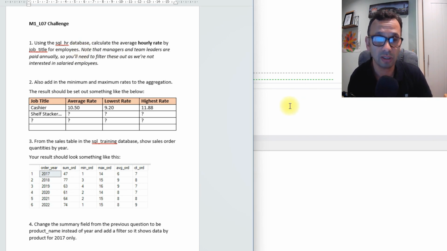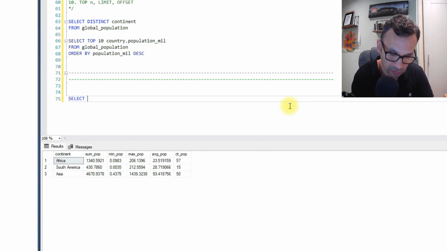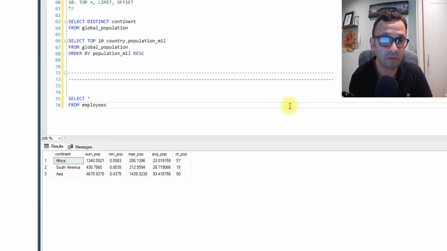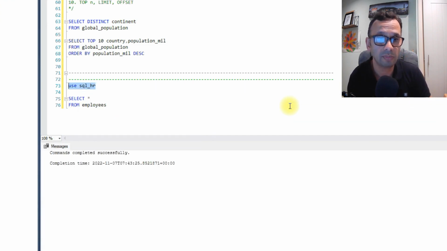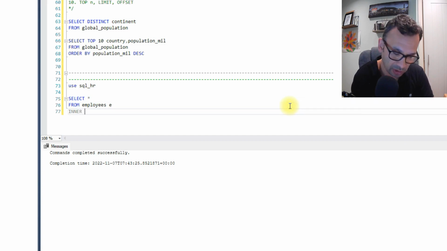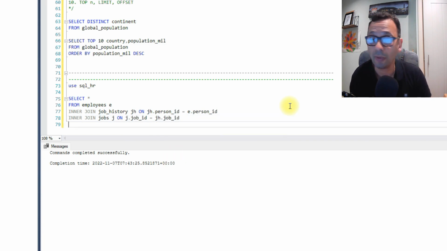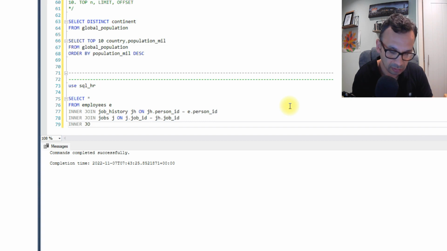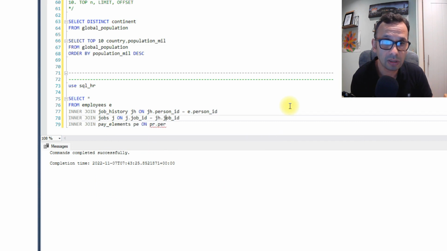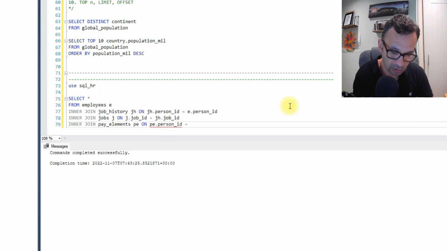So I will show you the table for that. From employees, wrong database, use SQHR, employees E, inner join job history JH on JH.person ID equals E.person ID, inner join jobs, because we're going to need the job title, call that J, on J.job ID equals JH.job ID, and then we want hourly rates, and that is held in pay elements, call that PE, on PE.person ID equals JH.person ID.